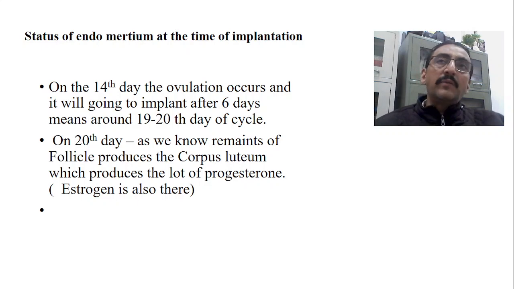Once there is a lot of progesterone, it will maintain the pregnancy. A small amount of estrogen is also there, but a lot of progesterone always has a significant role in maintenance of the pregnancy. In case fertilization takes place, the corpus luteum will not be wasted; rather it will keep producing progesterone, and as a result pregnancy will be maintained.